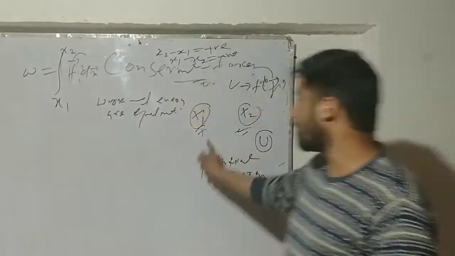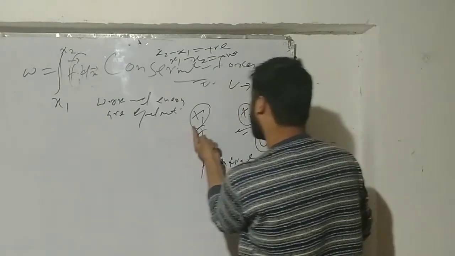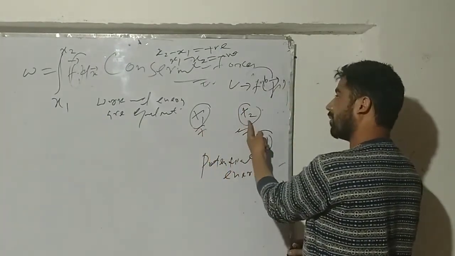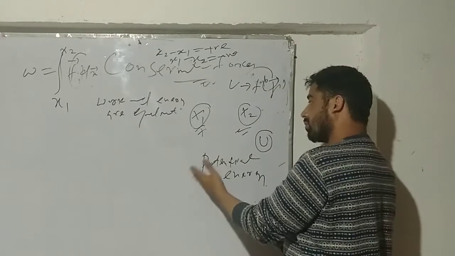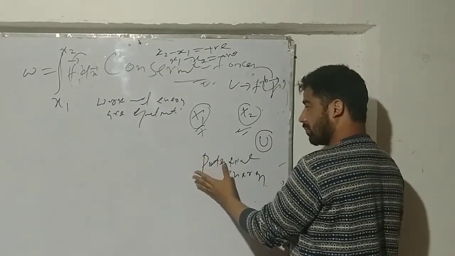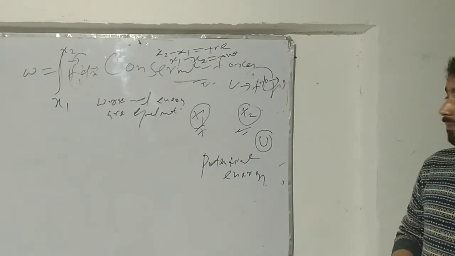So if I look at the picture once more, when work is being done to move the particle from here to there under the essence of the force, basically this work done is going to be against the potential energy. That's the point here basically.